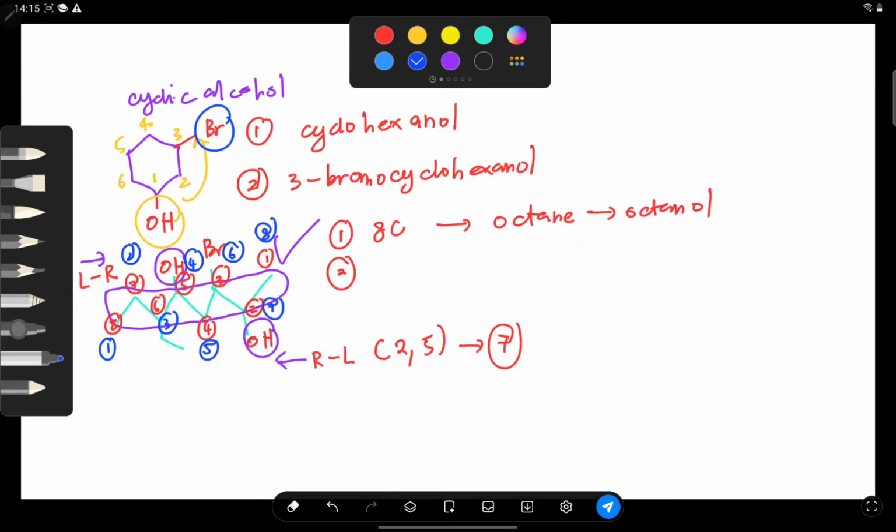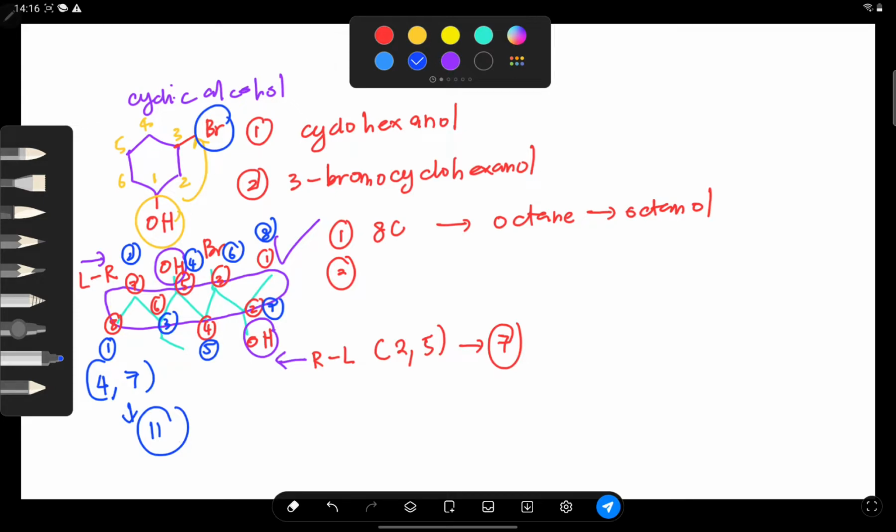So the locations of the hydroxyl groups are 4 and 7. So the set number is 4 plus 7, you get 11. So 11 is more than 7.